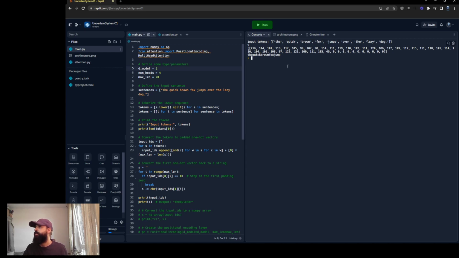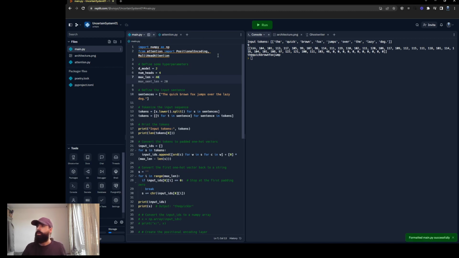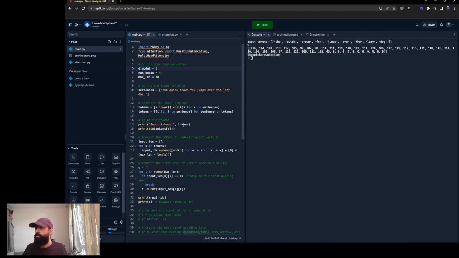Has anything changed? The quick brown fox jump. Is this correct? So the model is used? No, the model is not actually used for the vectors.